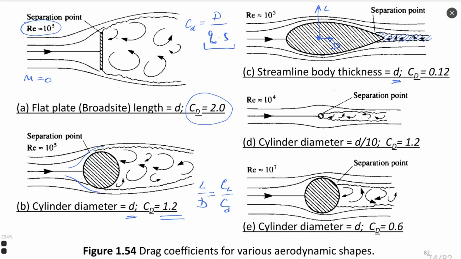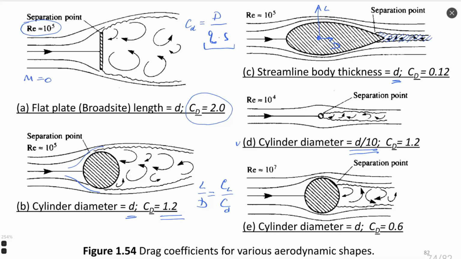We can also compare this airfoil with a cylinder 10 times smaller, in case D. In this case, we see a small cylinder that has a 10 times smaller diameter, and it creates the same level of turbulence as the airfoil. For a cylinder, we know already that the drag coefficient is independent of size.